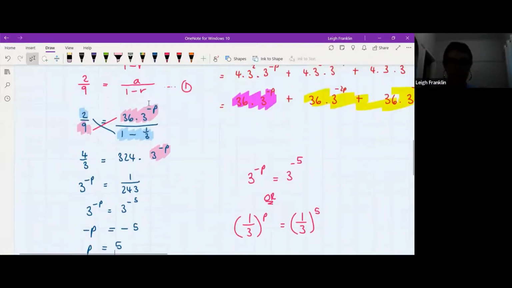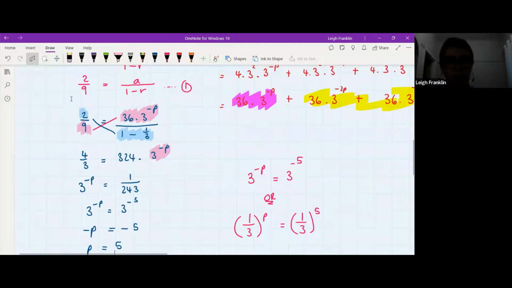Is everybody happy with that? I'm just going to move it up a little bit so you can see where everything came from. Maybe you're still writing down. Are you happy with that, Matrix? Is it making sense? Yes, ma'am. Good job. Okay, can we go on to the next one? Are you ready? Yes, ma'am.